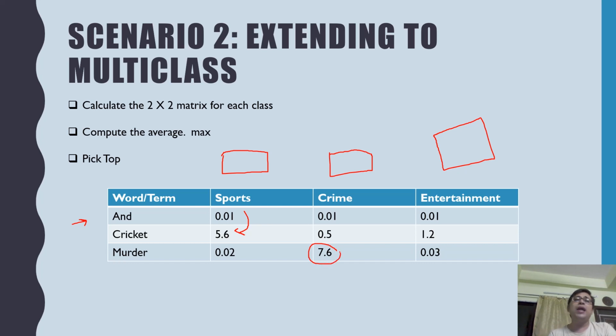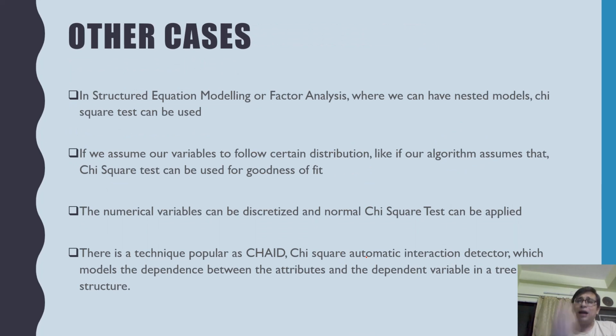So you can either take the maximum of these and decide whether that word is important or not, or you can take an average and decide the same. This way you can extend the feature selection that we are doing from binary classification to multi-class classification.